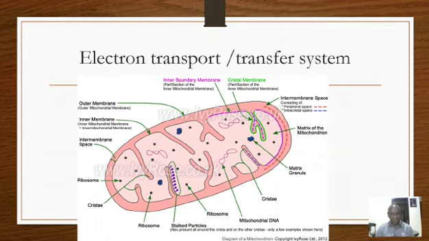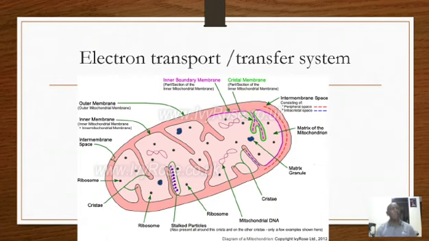The electron transport system is a system that involves the transfer of electrons from one carrier to another, from one electron carrier to another, and in the process leading to the formation of adenosine triphosphate.